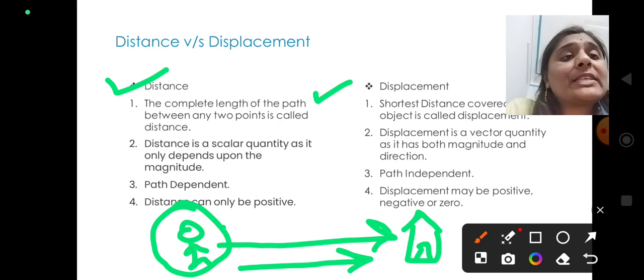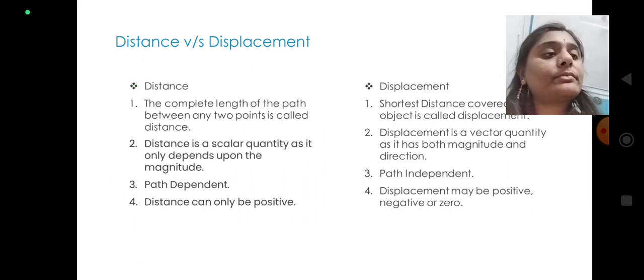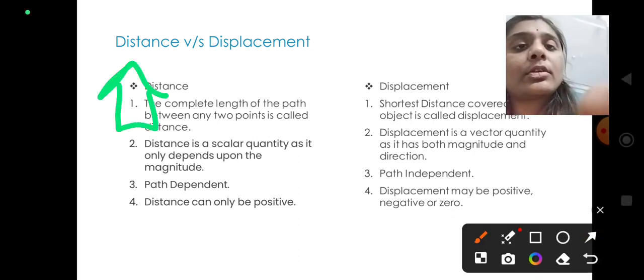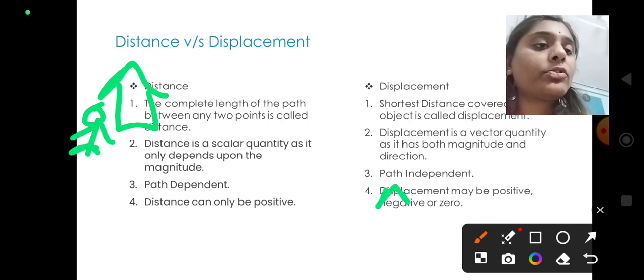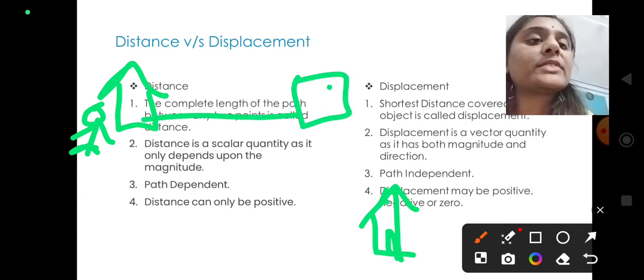Now what is meant by displacement then? For example, let us see another example. Here I am taking one house, okay? The person is standing in his house and afterwards he wants to go to this school, right? So first he went to his friend's home. Here is his friend's home.